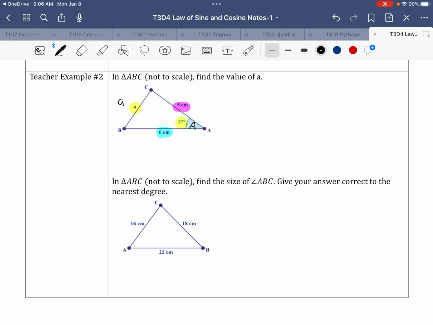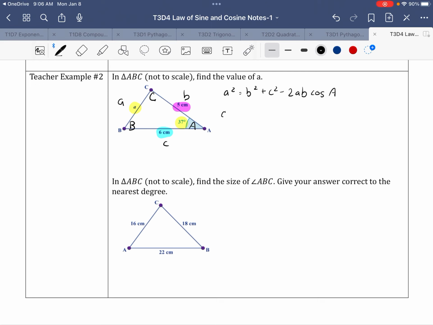We are looking for A because that's the side we're looking for, not because of how it was already previously named. Knowing that, B and C don't matter quite as much, so I can have this one be side B and angle B, side C and angle C. And then we're going to use our A squared equals B squared plus C squared minus 2BC cosine of A.